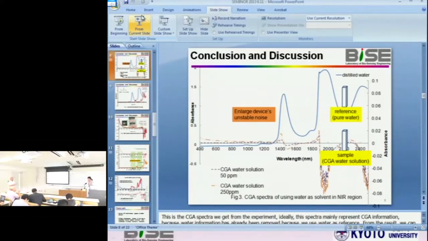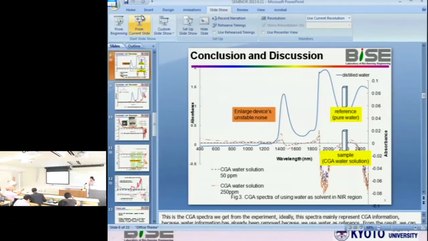If you had pure distilled water in both your reference and your sample cells in the dual beam, do you get a perfectly flat signal? You mean use water as sample and water as reference? Yes. No, the baseline is not zero, a little flat. So it is instrumental noise. Yes.